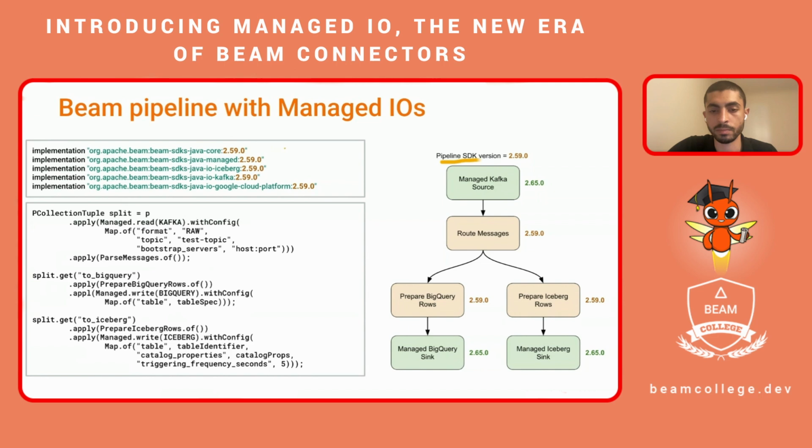You still have the same pipeline version that you started off with. Your dependencies look the same. You did not need to upgrade anything, but the runner itself injected these newer IOs into your pipeline without you having to do anything on your end.